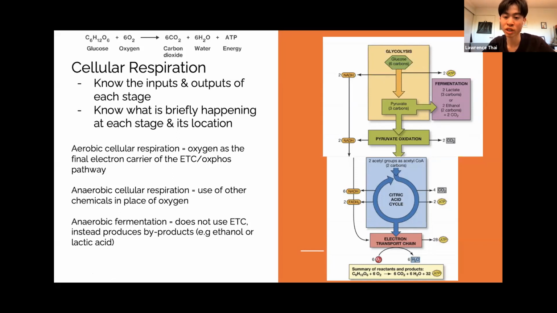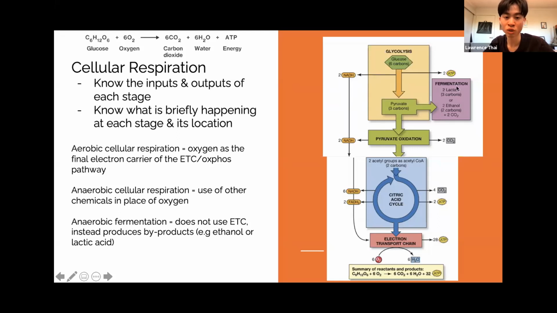There are chemical reactions that occur through every single step, and the basis of each is to extract energy from the glucose and store it in the form of redox energy, or potential energy, on electron carriers that you might know as NADH and FADH2.